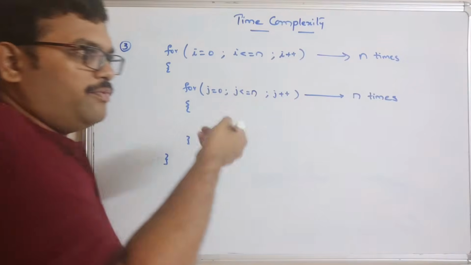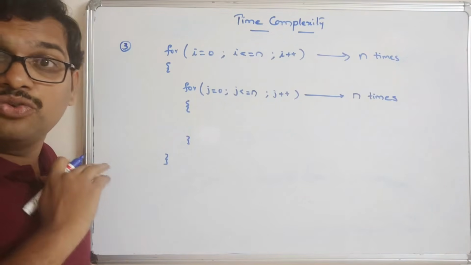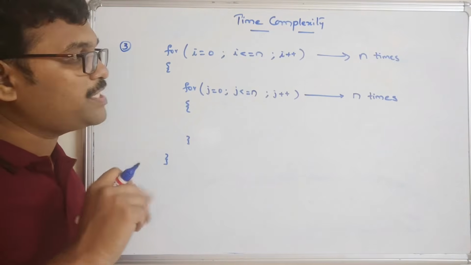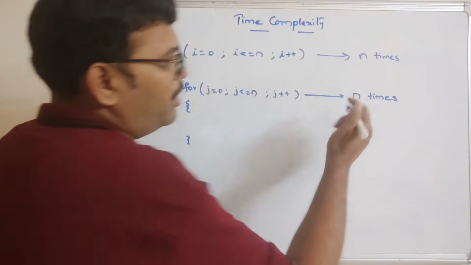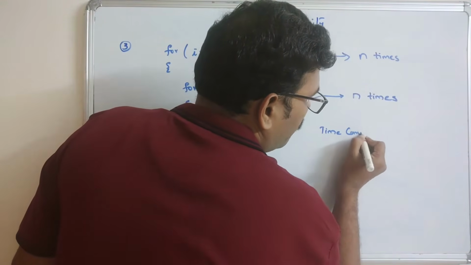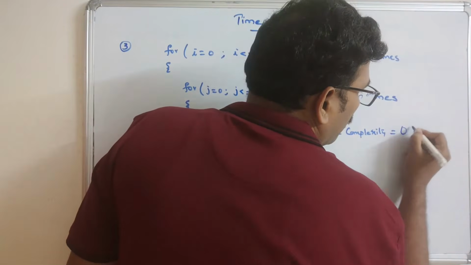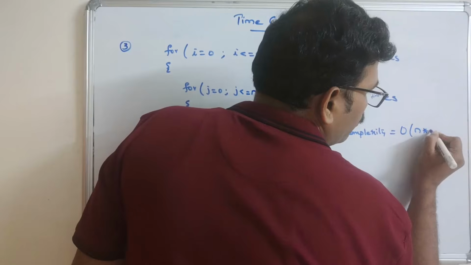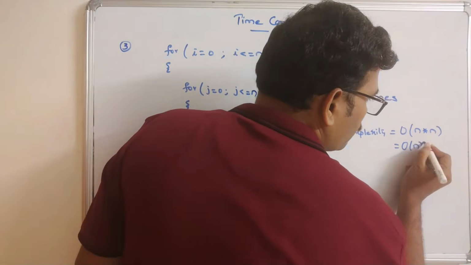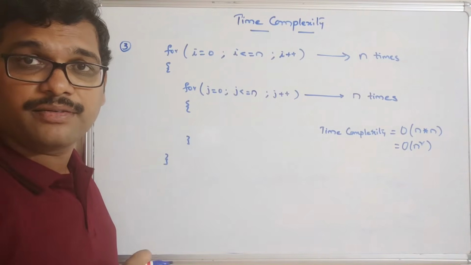In our first minutes we discussed that if it is a nested loop and there is no dependency, we have to multiply the time complexity of each and every loop. So the time complexity will be order of n into n. We can call it n square, that's a quadratic complexity.